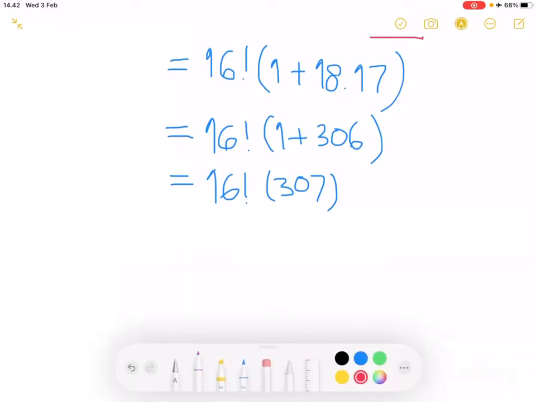However, we don't really care about the factorial because that is not what we want to look at. We're looking at the greatest prime factor. Obviously 16 factorial contains some composite factors, so we don't want to look at that. We want to look at 307, and notice this is a prime number.